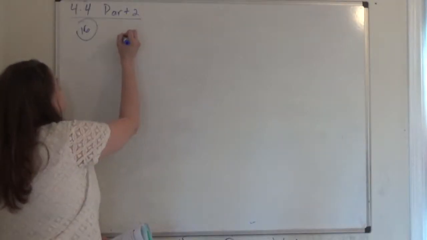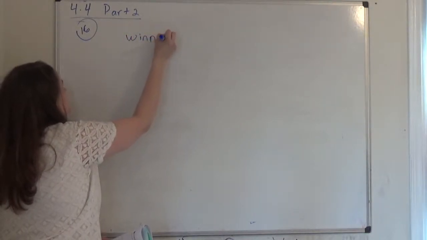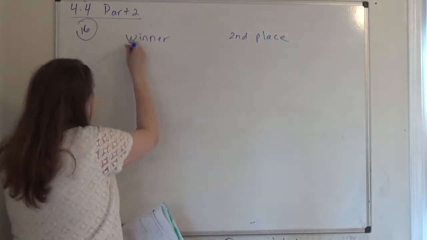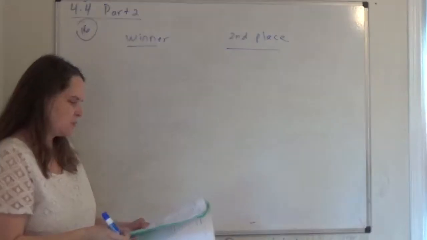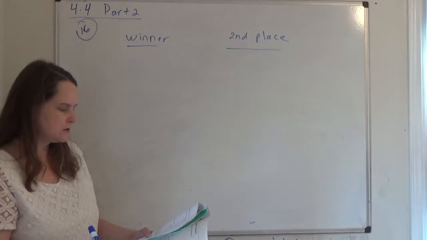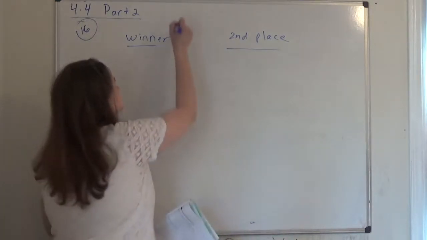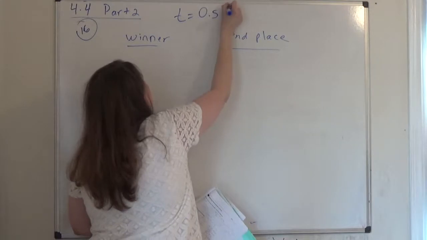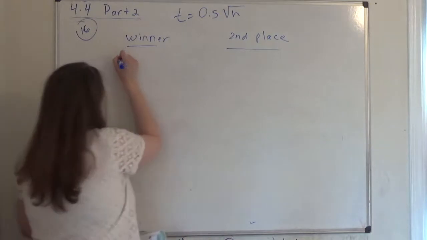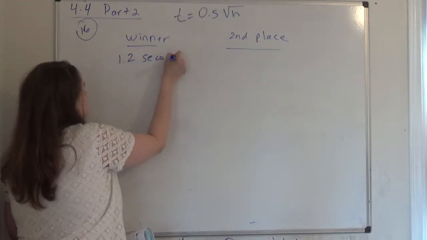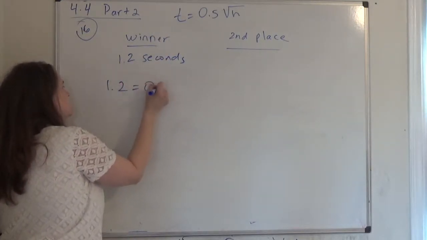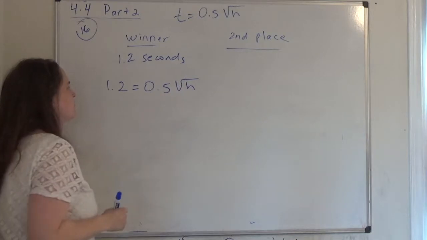So let's look at the winner and the second place. For the winner, it said that the winner had a hang time of 1.2 seconds. So go back to your equation. You've got t equals 0.5 times the square root of h. And the 1.2 seconds for the winner goes in for which variable? Well, t is time. So put 1.2 for t, and solve for h.